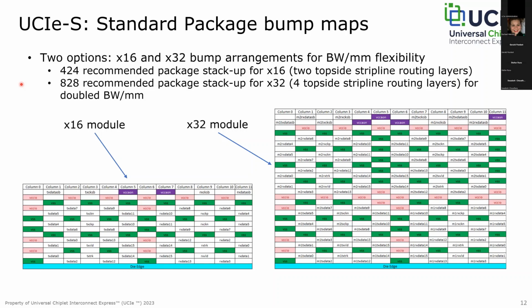So taking data rate and this page over here, which is the single or double stack into account, which is another factor of 2, you have essentially a 16x range of bandwidth per millimeter flexibility at your disposal to play with. Data rate plus x16 or x32 module. So 16x bandwidth per millimeter is a fairly wide range to give flexibility to the SoC constructor.